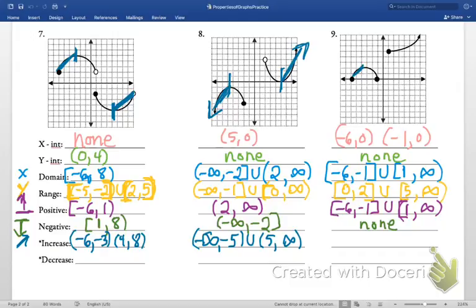Up the hill or out of the ditch? Up the hill starts at -6 and goes to, we can say -3, you can say -3.5, -2.5. I'm just going to put -3. It's kind of hard to tell, so don't worry about it. And then we're going to go from 1 to infinity.